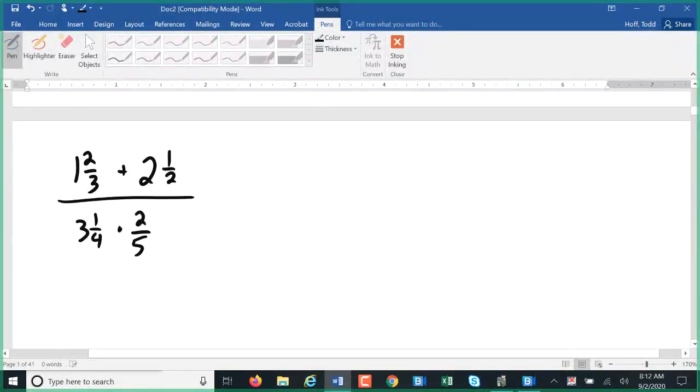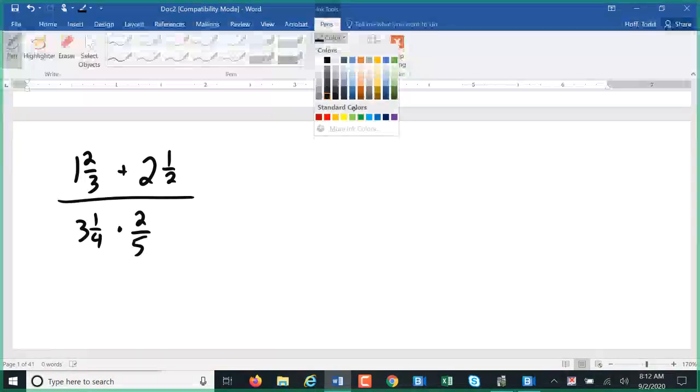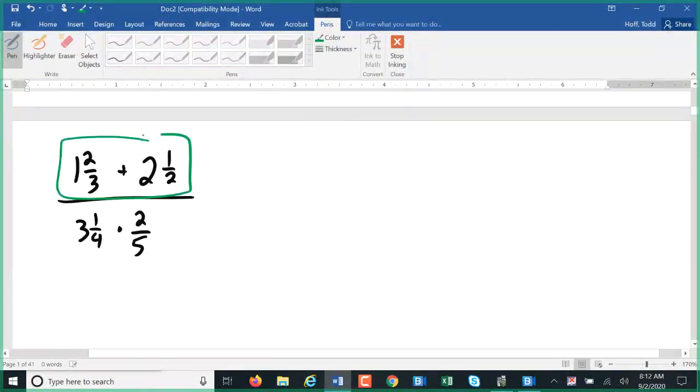It gets ugly, but it's just order of operations. We have to add these two numbers on top. 1 2/3 plus 2 1/2. To make it short for us, I'll just add them here quick. That's 4 1/6. 1/6, not 16.